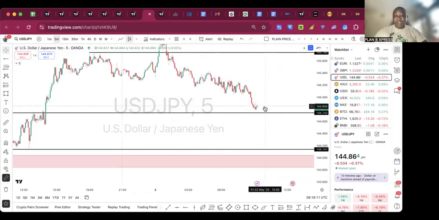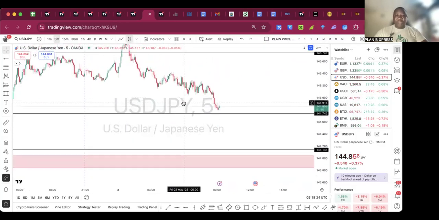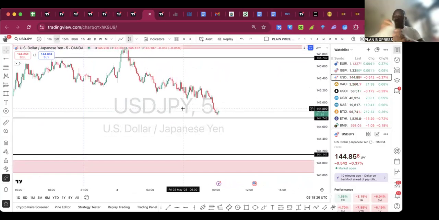What I expect is that if this market is going to hit this point and bounce, because it has not hit that point yet, the next candle can flip here. So with the support and resistance zone, you don't just jump in and hit it immediately.